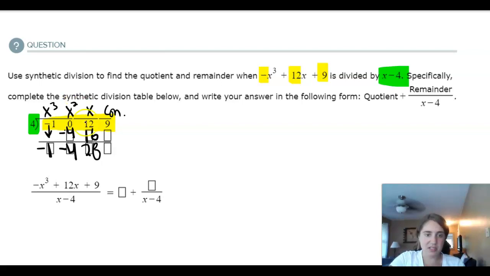Oh, I made a mistake. This is negative 16. 4 times negative 4 is negative 16. Add down is... I'm actually going to write all of these underneath. Then I end up with another negative 16 is negative 7.